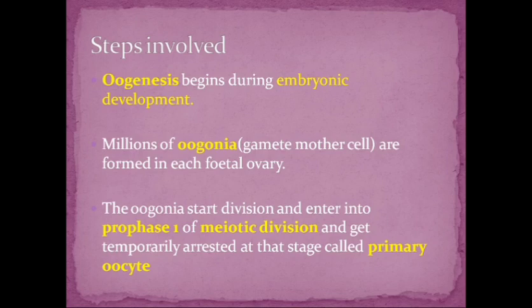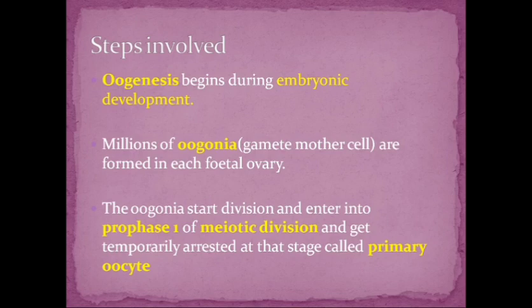Which division? Meiotic division. There are two stages in meiosis, that is meiosis 1 and meiosis 2. Under meiosis again there are 4 different phases. Which are they? Prophase 1, metaphase 1, anaphase 1 and telophase 1. So the prophase 1 of meiotic division takes place in the oogonia within the fetal ovary itself, and after prophase 1 it gets temporarily arrested there.